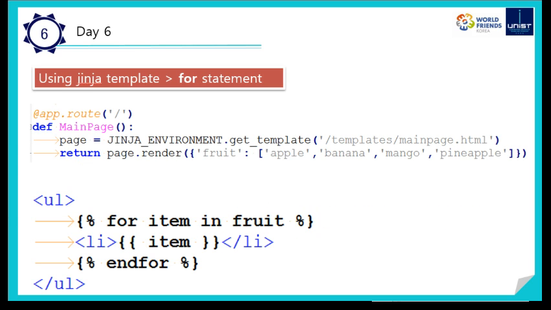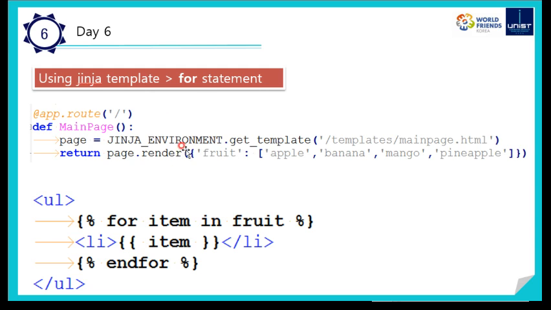And for the for statement, you can insert a list into the parameter. Like this time, the fruit is the key. Apple, banana, mango, pineapple. This list is the value of fruit.